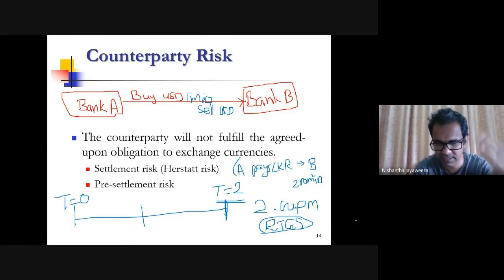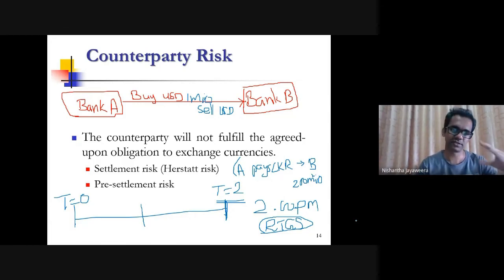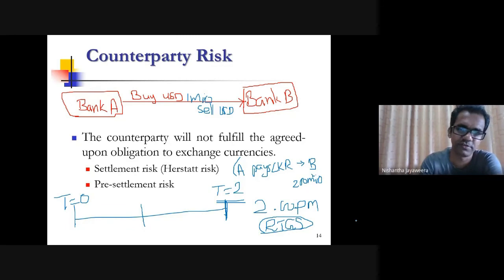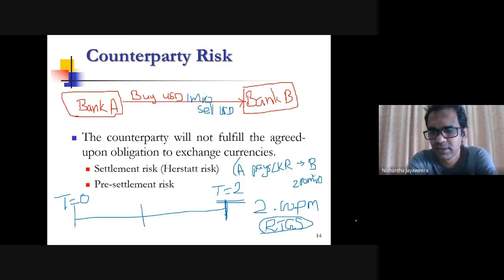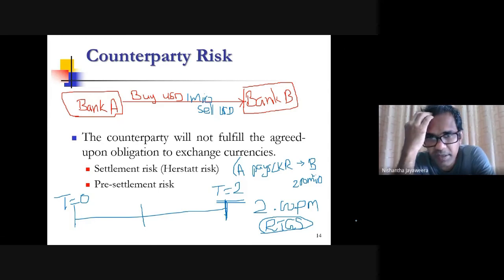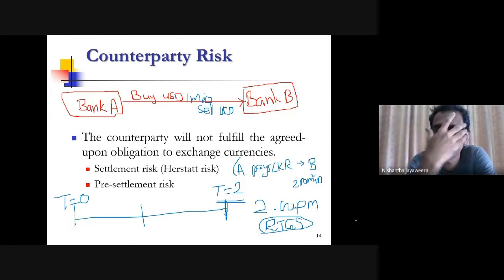For different types of transactions, there are different cut-off times to settle. I'm not sure what the cutoff is for an FX transaction, so assume it's 2 p.m. in Sri Lanka. So Bank A pays 200 million rupees to Bank B.